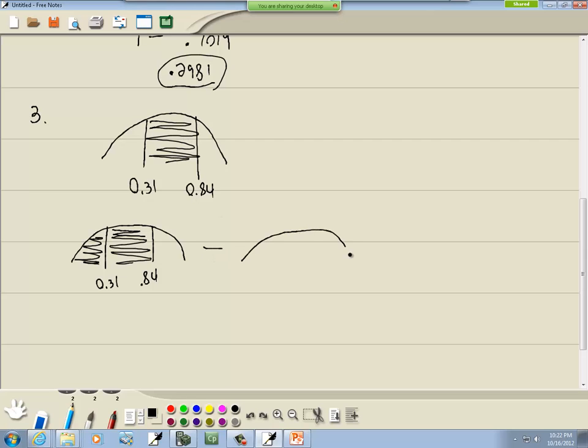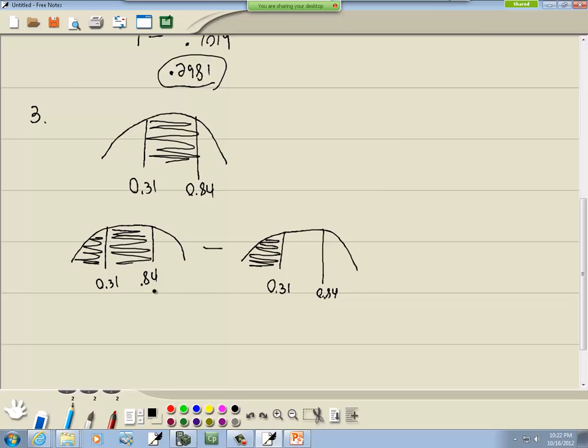So you look at that and you think, well, okay, what can I subtract off from that? That would give me the middle. Well, if I subtracted off this piece over here, to the left of 0.31. So if we subtract off this to the left of 0.31, that'll leave us the middle, which is what we want. And both of these are based upon the area to the left.